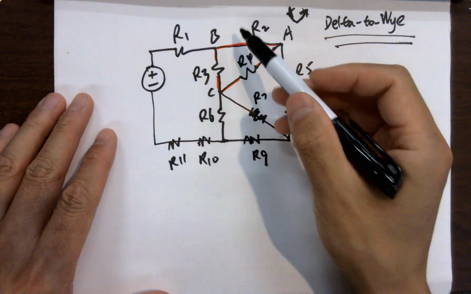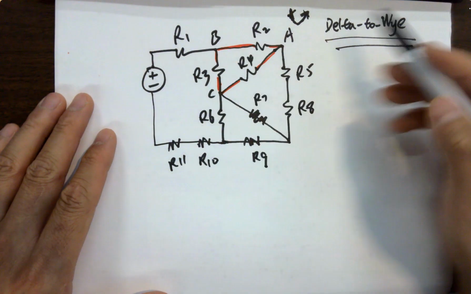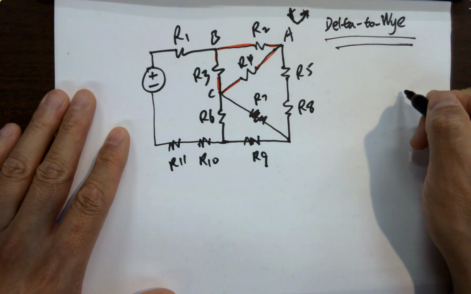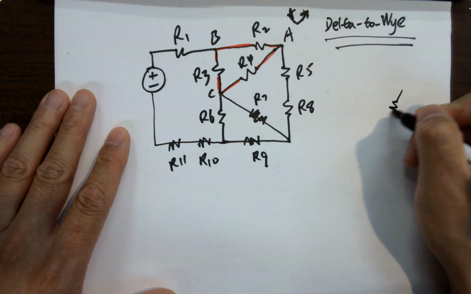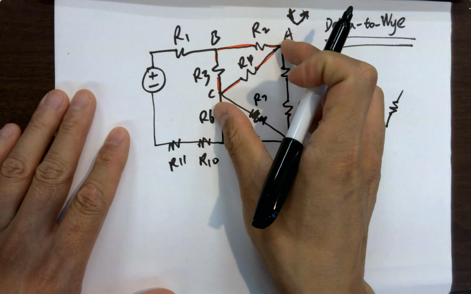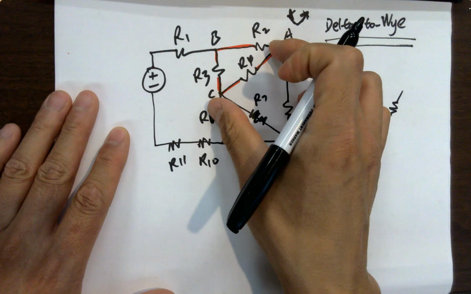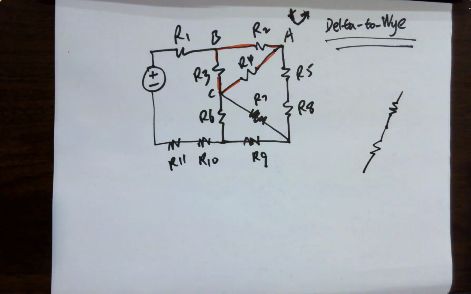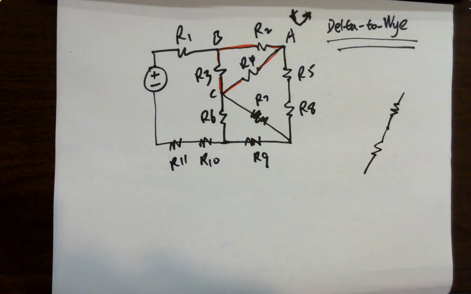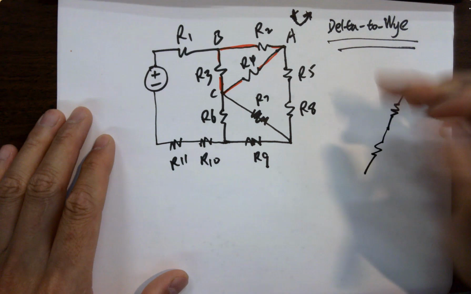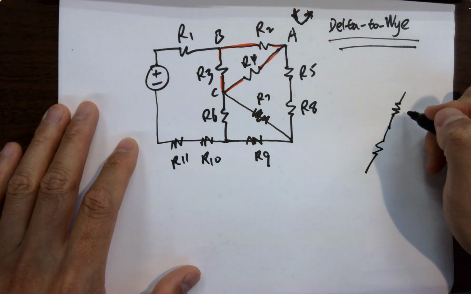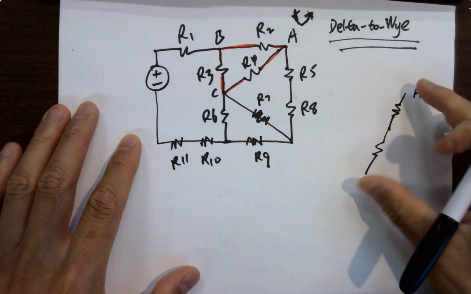So the goal is to convert this triangle into a T-shaped resistor network, which is like this. See, here's AC, okay? I'm splitting AC here. So I'm treating AC as the top bar of the T or Y. Let's just say T because it's more like a T. Remember, here's AC.